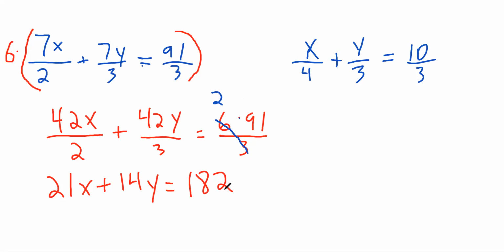So even though the numbers got a lot larger, that's not the end of the world, because at least we've gotten them down to whole numbers and there's no more fractions. So from this first equation, we've cleared out fractions. It's also called sweeping out fractions, if you prefer to call it that.